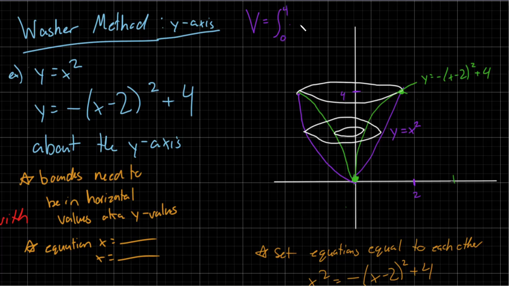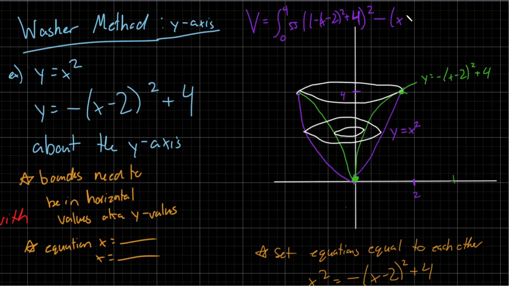Yep, because we want our y values. Then what function should go first, Aisha? Negative. That one. And what do I have to do to that function? Square it, and then subtract it from the square of the second function.